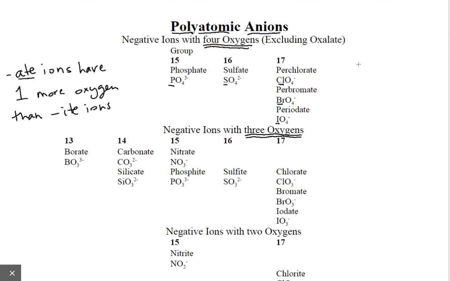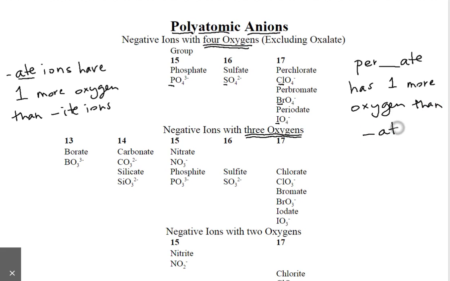Okay, so per-blank-ATE, and the blank is any of the halogens. We can put perchlorate or perbromate or periodate in there. Per-ATE has 1 more oxygen than the ATE ion.